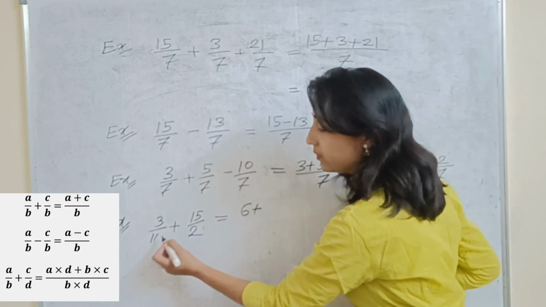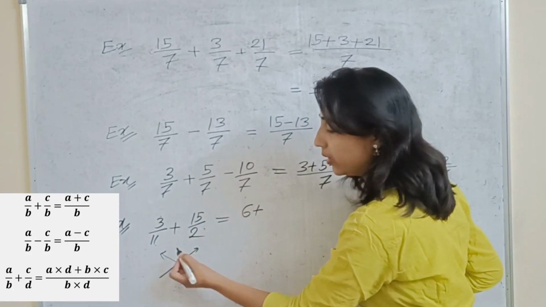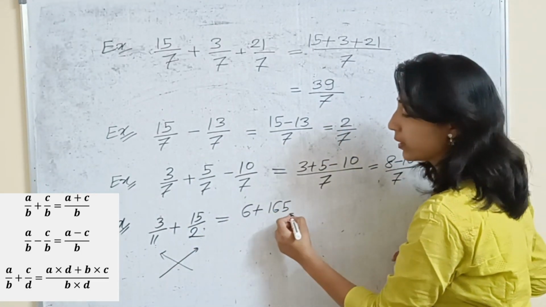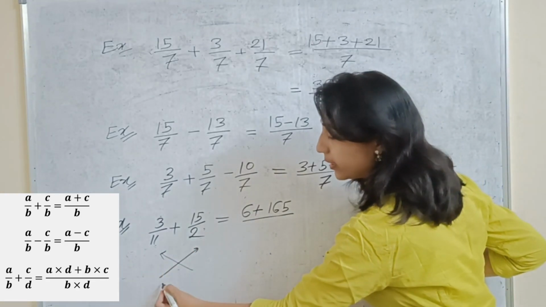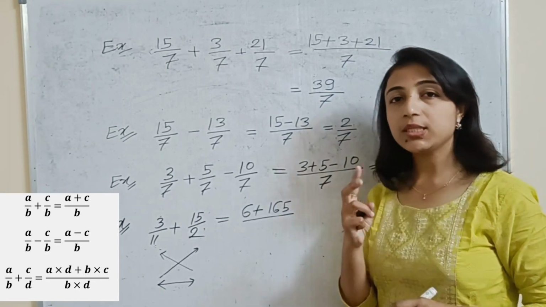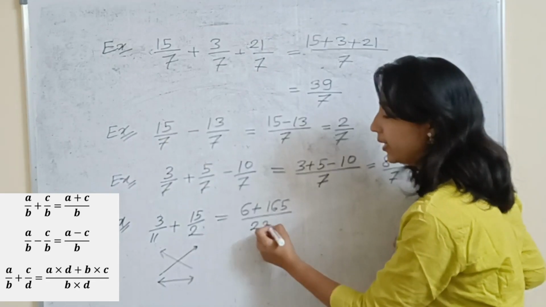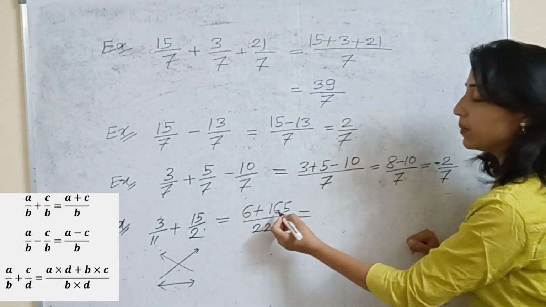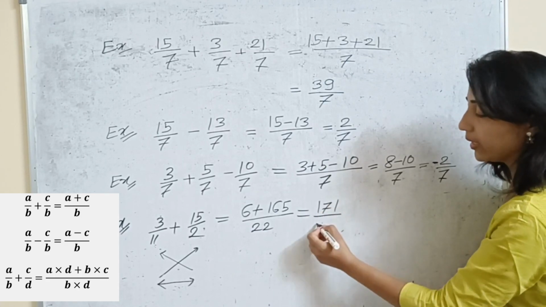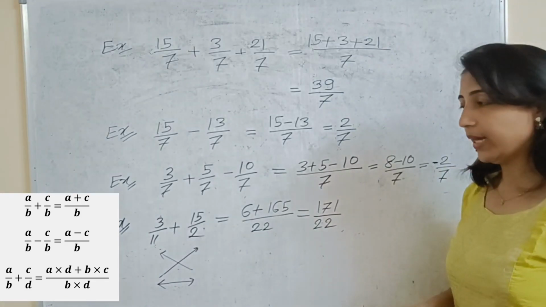Then the second denominator multiplied by the numerator of the right side: 11 multiplied by 15 is 165, divided by the product of the denominators. So in cross multiplication there are 3 products. The product of 2 and 11 is 22. Now 6 plus 165 is 171 divided by 22. If it is divisible, then you can divide, otherwise keep this term as it is.